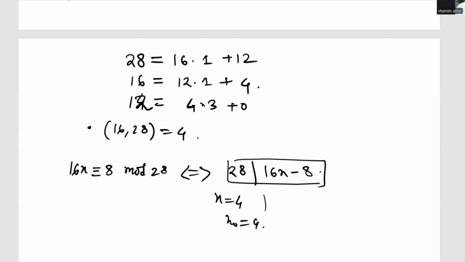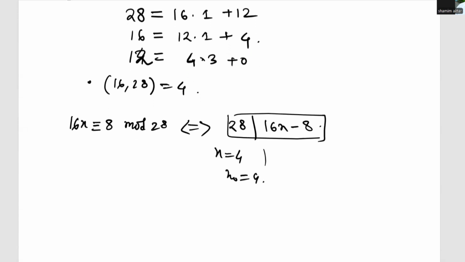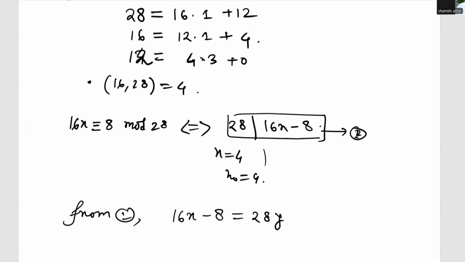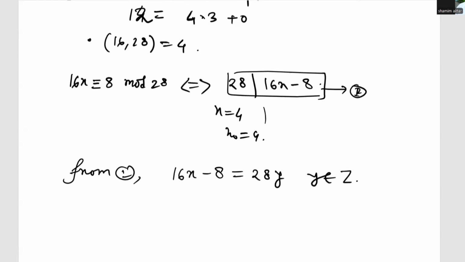And there is another way to find x0. This is equivalent to 16x minus 8 equal to 28y for some y belonging to the integers, that is, 16x minus 28y equal to 8. Next we find which values of x and y satisfy this equation.